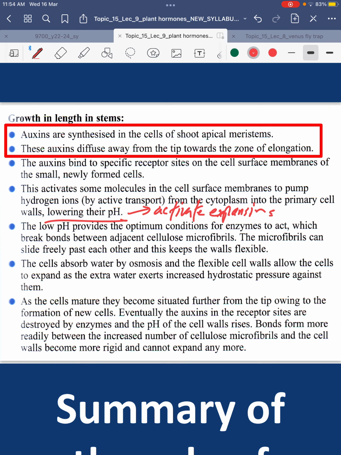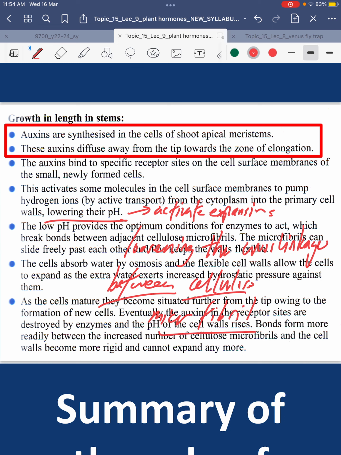And then loosening the cross linkages between cellulose microfibril. Okay, so loosening.